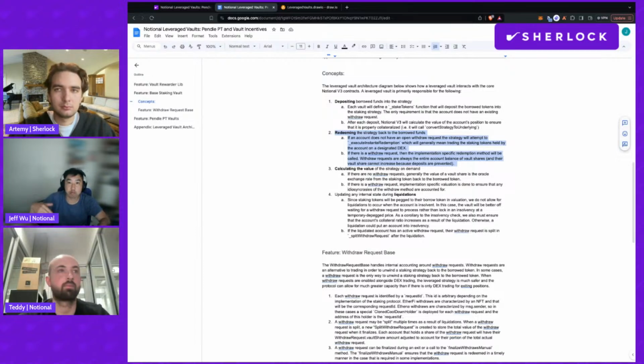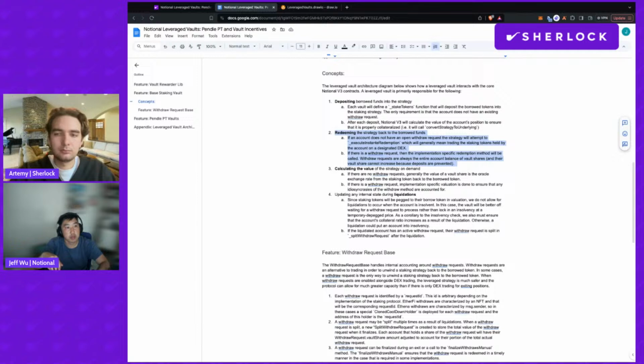In general, when the account exits, the strategy will go through one of 2 possible paths. One is that, in general, what we would expect is that there's some sort of on-chain liquidity for the staking token, and the staking token will be sold and the account can exit more or less instantaneously.